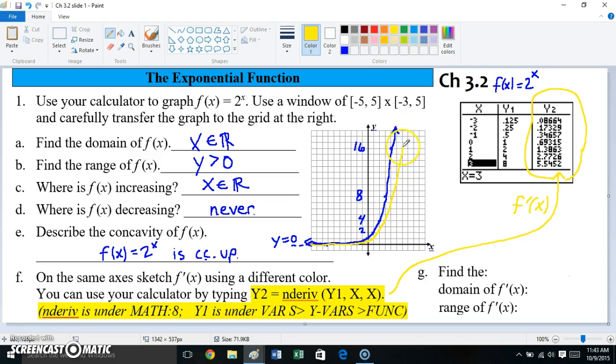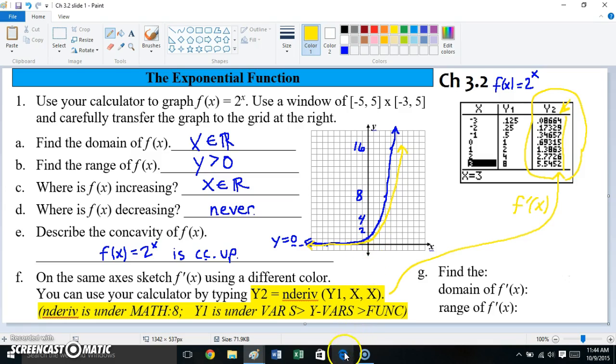I have not plotted any actual points, but here are the y values in this table for the derivative values. Okay, so it appears that the derivative looks, again, a lot like 2 to the x, but it's a little bit shorter.